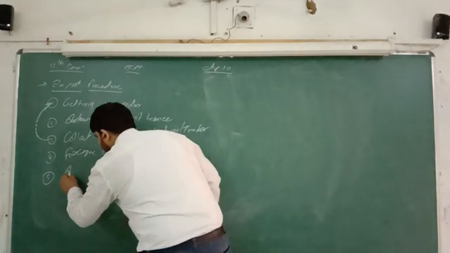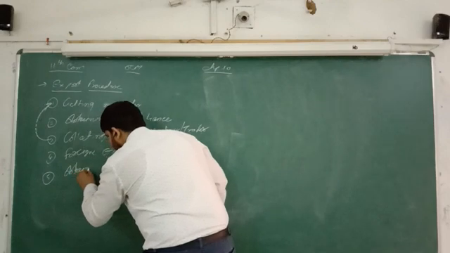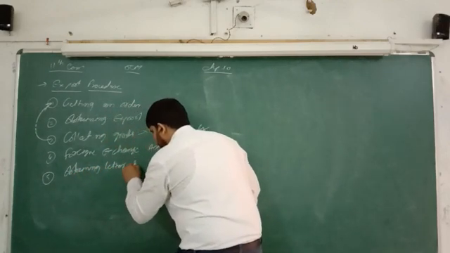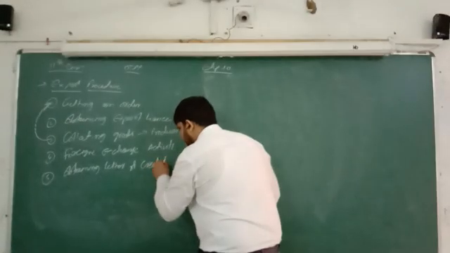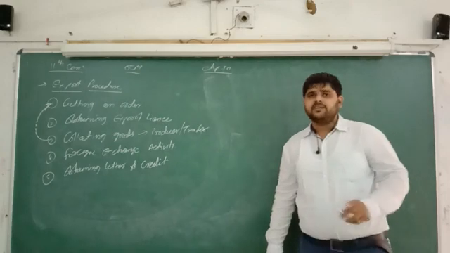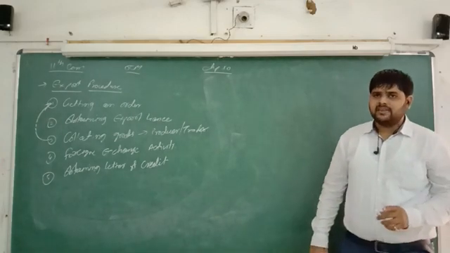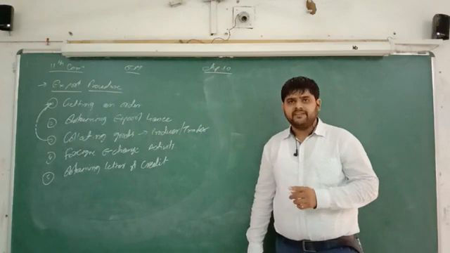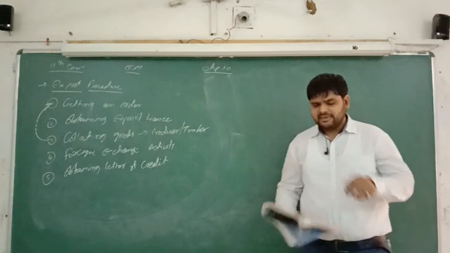Okay. So here, obtaining letter of credit. As we learned in our import procedure, we have to receive a letter of credit, we have to give the letter of credit. Let's see.